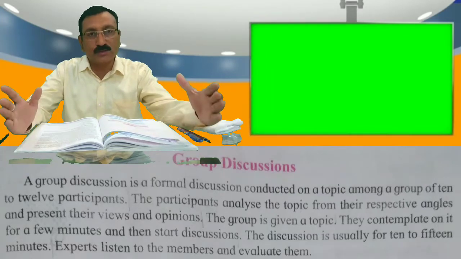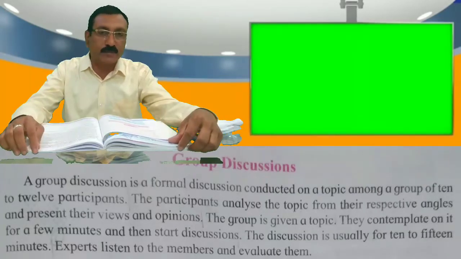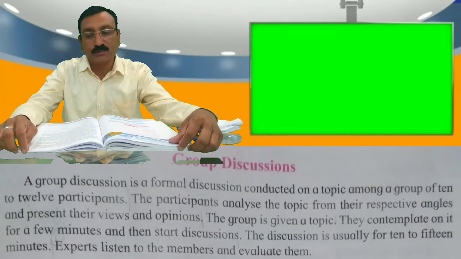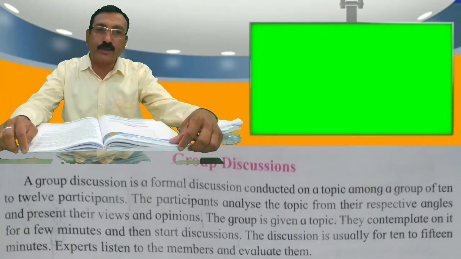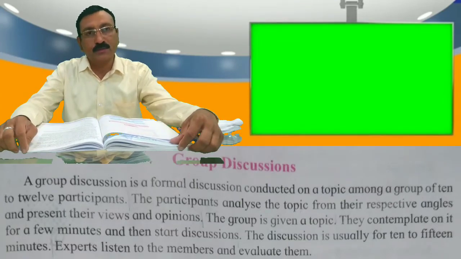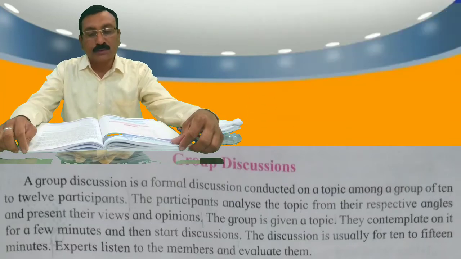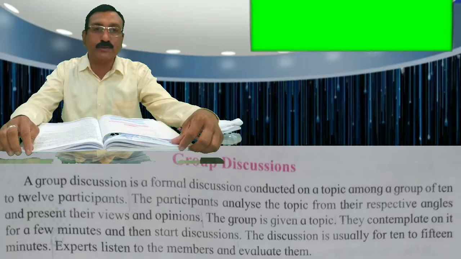So when the discussion starts, what is the time limit for the group discussion? The time of 10 or 15 minutes is given to that group, and the participants are expected to express their ideas for 10 or 15 minutes in the group. Experts listen to the members and evaluate them.